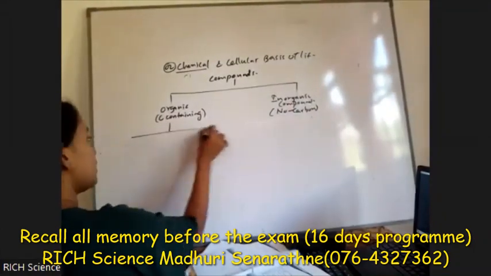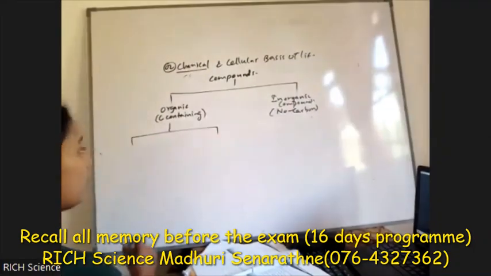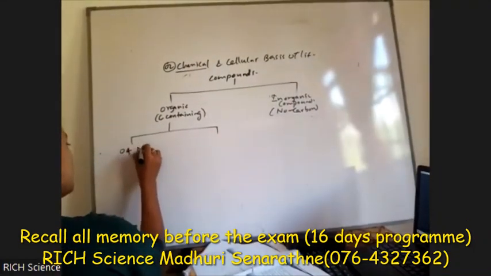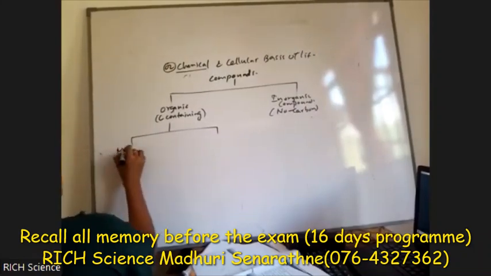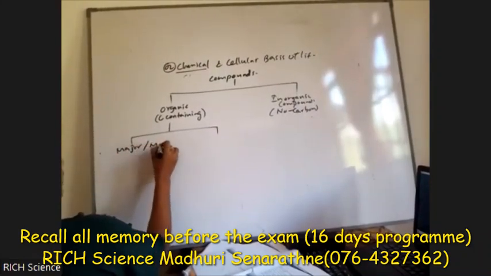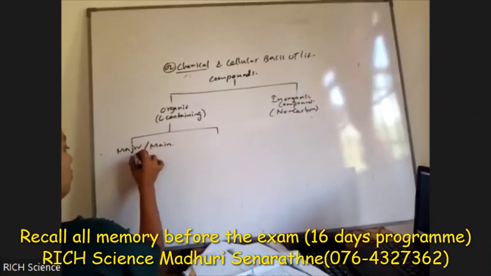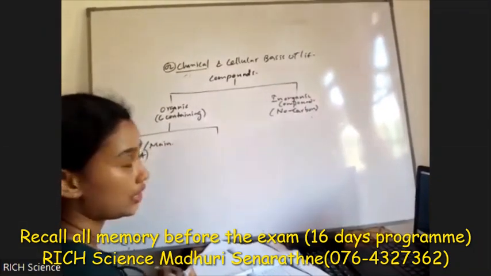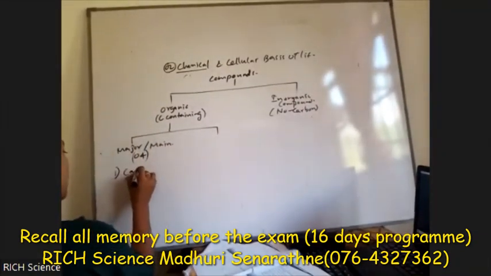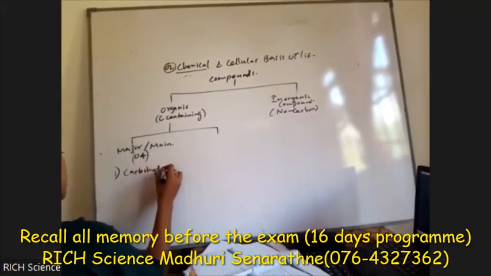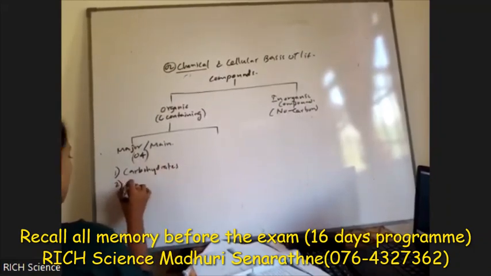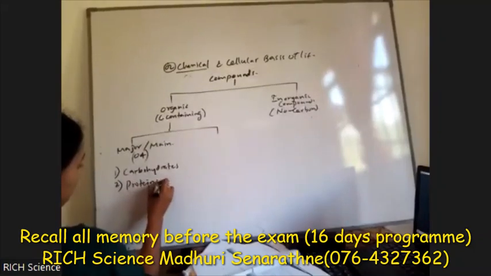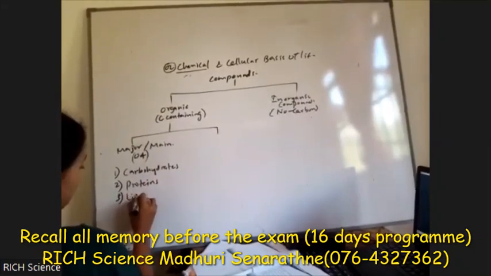Organic compounds again can be divided into 2. What are the 4 major or main organic compounds we are talking about: carbohydrates, proteins, lipids, nucleic acids.